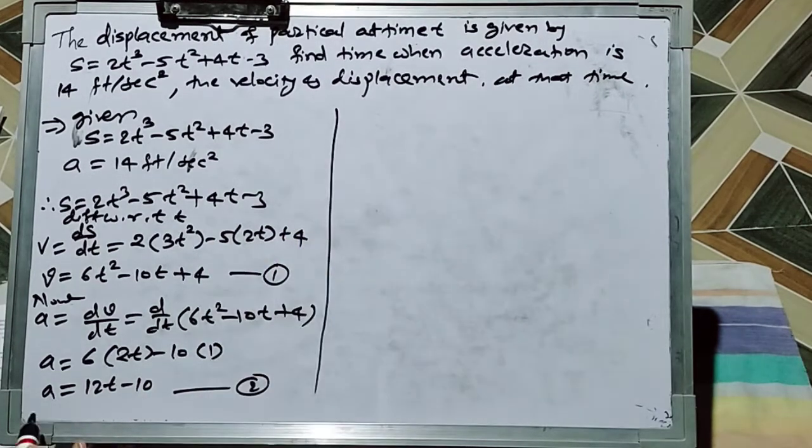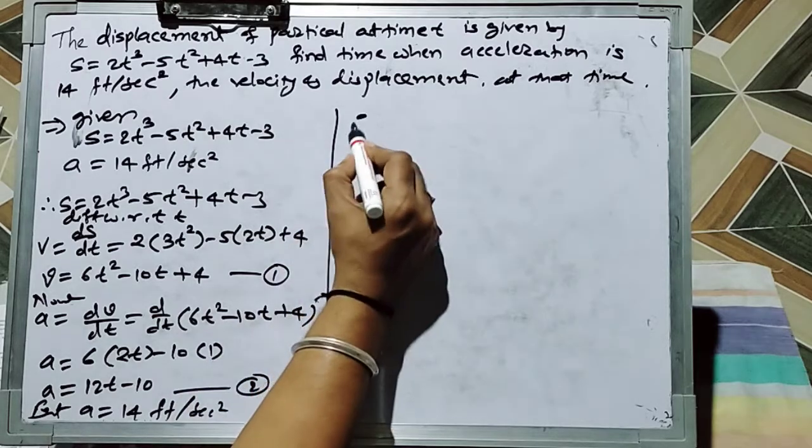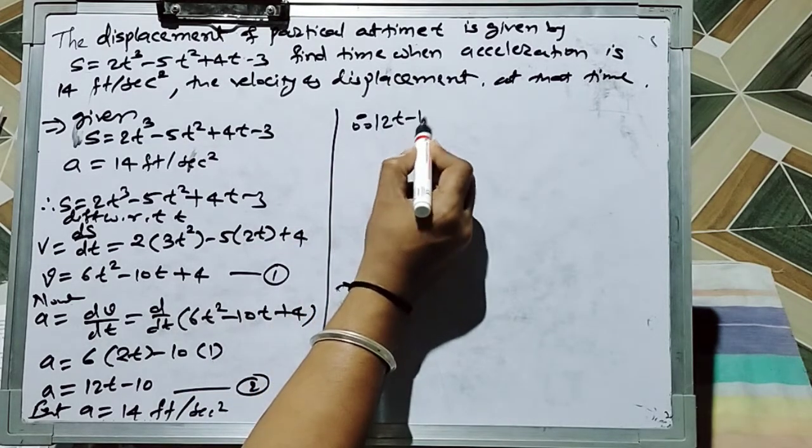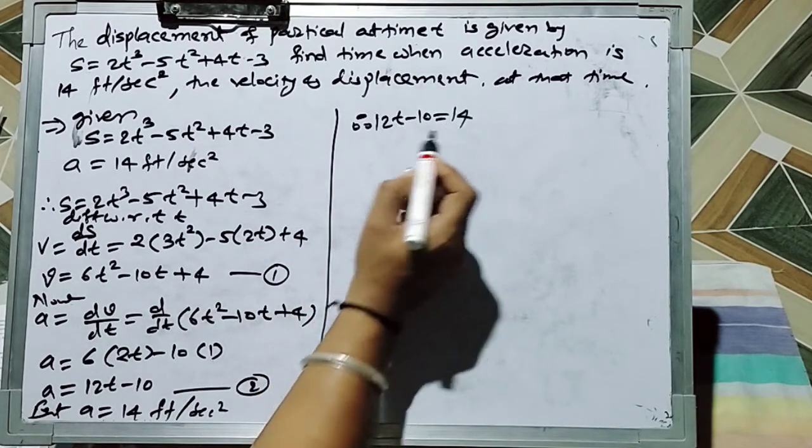But acceleration is equal to 14 feet per second squared, and therefore 12t minus 10 equals 14.